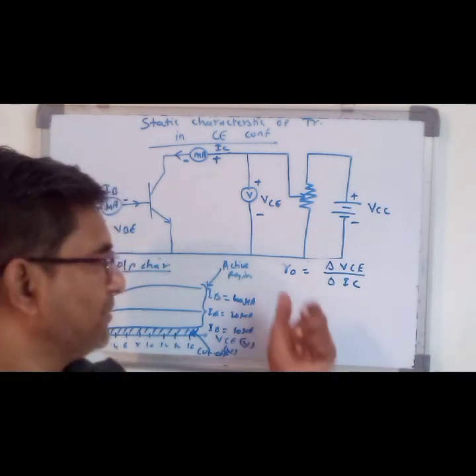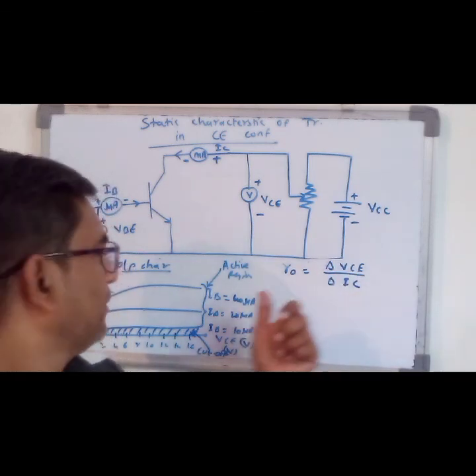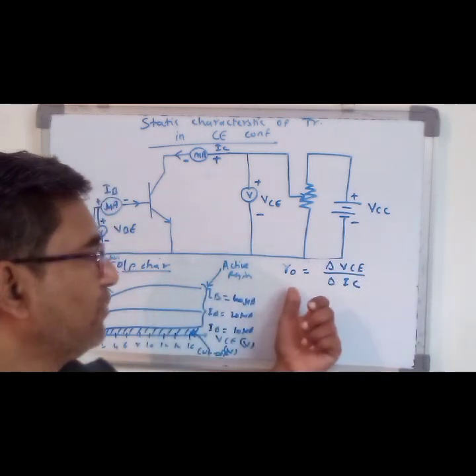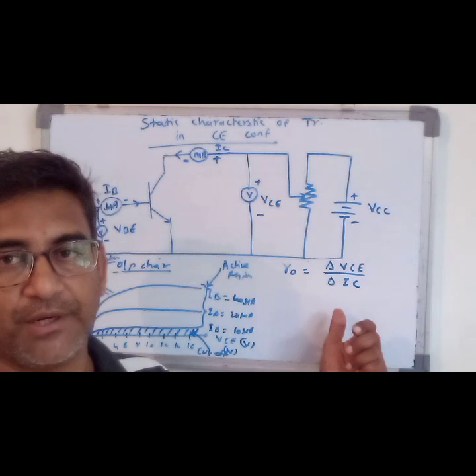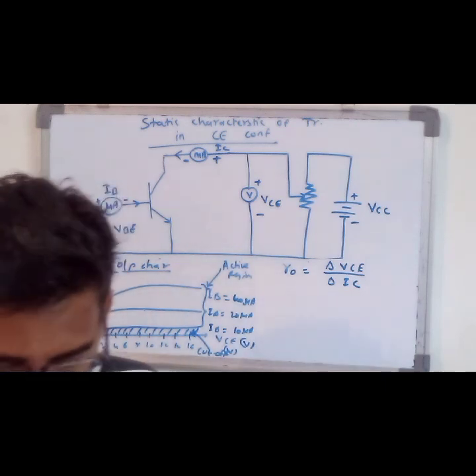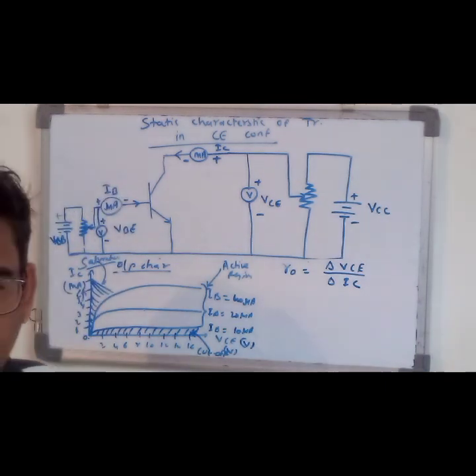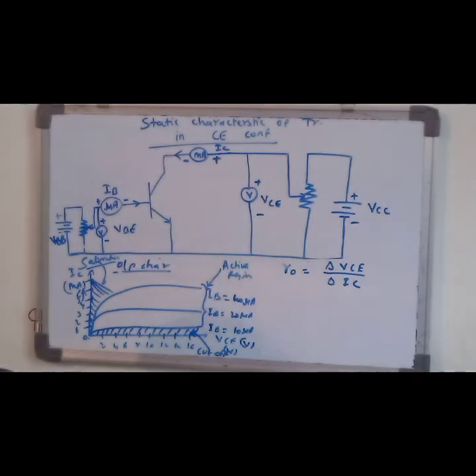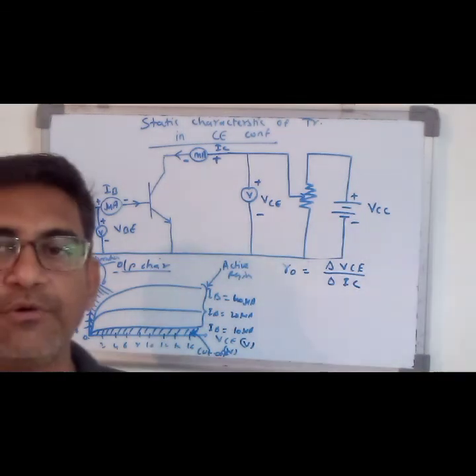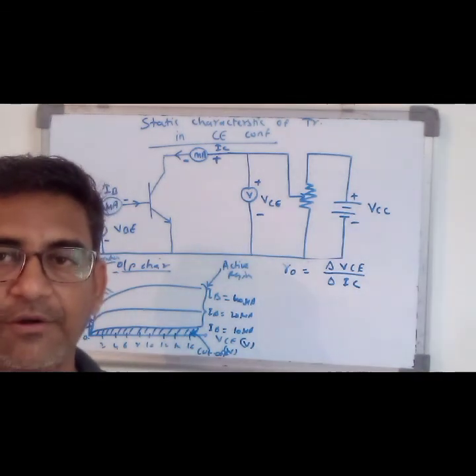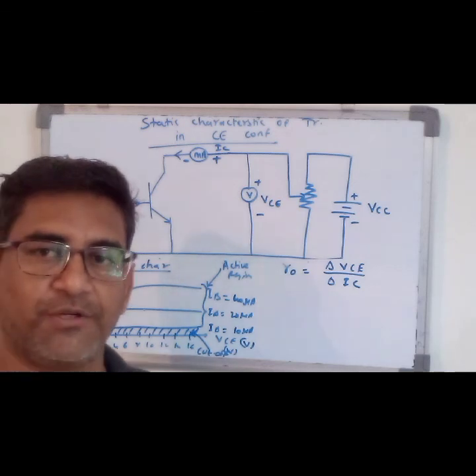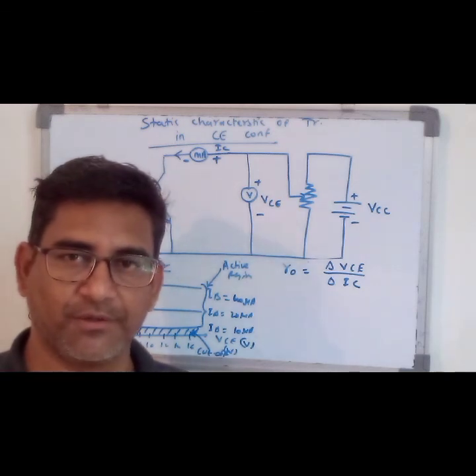Okay friends, so that is how the output resistance is calculated from the output characteristics. In the same way the input resistance is calculated. That value is plotted for the input, and when silicon or germanium is in forward bias, we get the same kind of characteristics for the input characteristics.